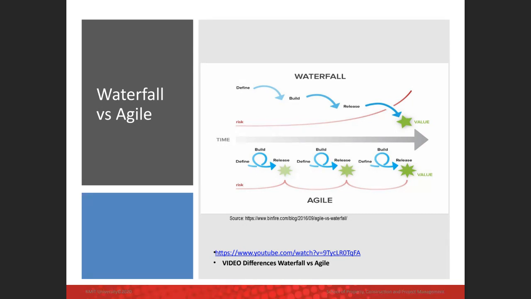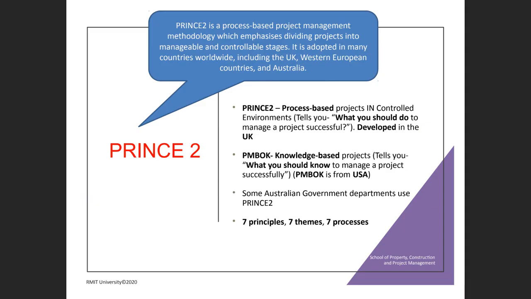Now, in terms of approach, we do have PMBOK that we use here. We follow PMBOK's approach with the knowledge areas, but there are other approaches out there, such as Prince2. With Prince2, you'll notice that it's a process-based approach rather than knowledge-based like PMBOK.